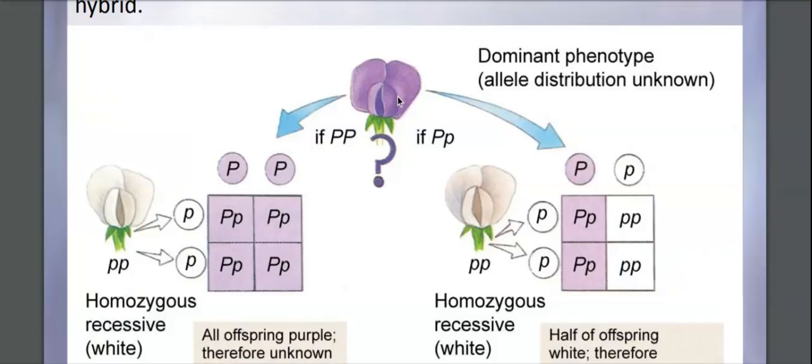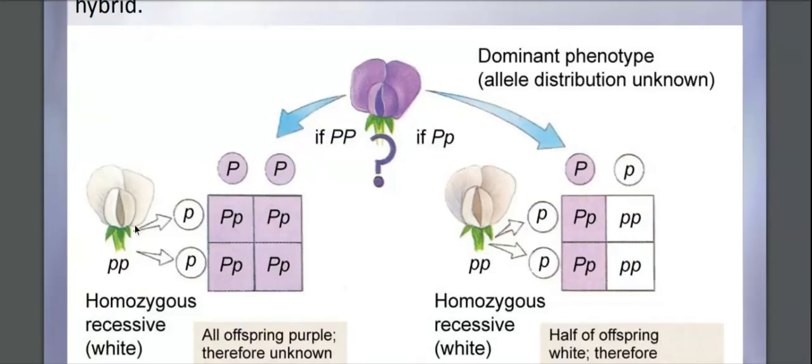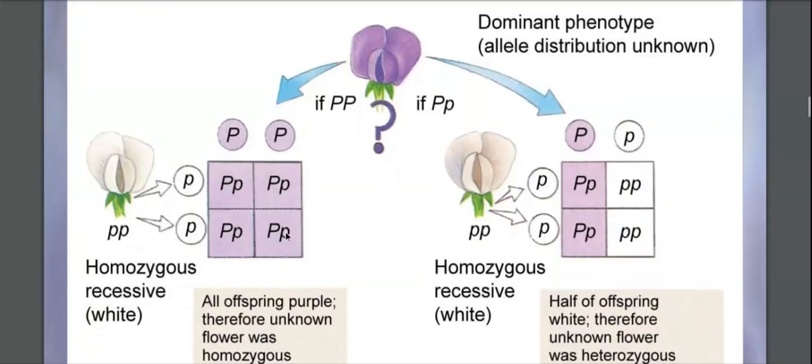So here you can see, if you cross a purple plant which is, for example, capital P, capital P, that is homozygous dominant, with a white plant, what will you get? How will you write the gametes? You'll write capital P of this parent and small p of this parent. You will notice that when you fill in the Punnett square, all four are Pp plants.